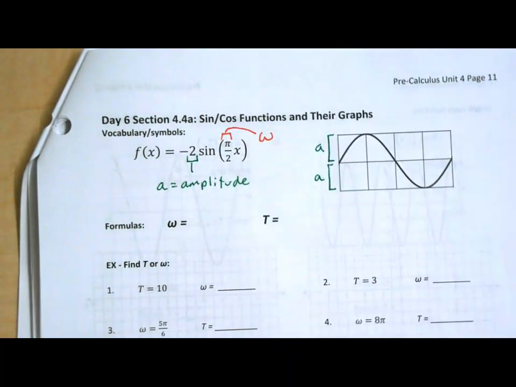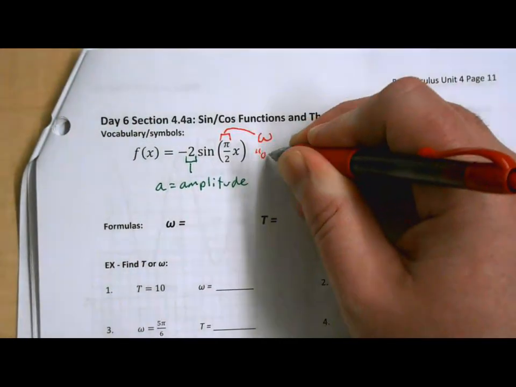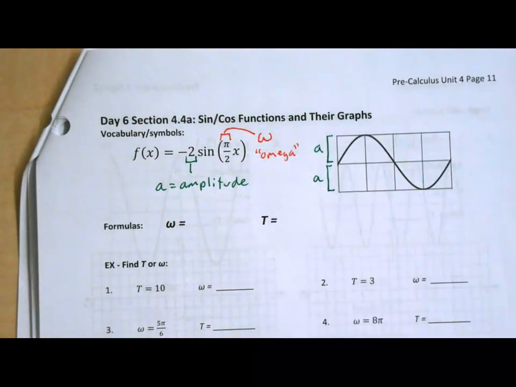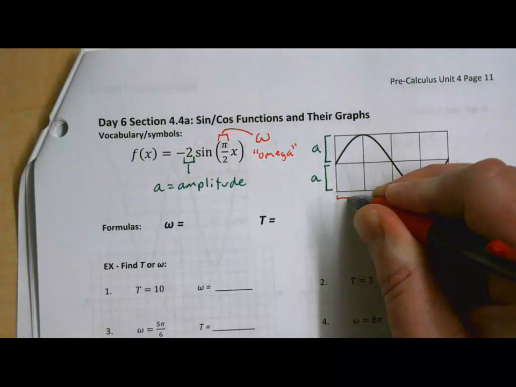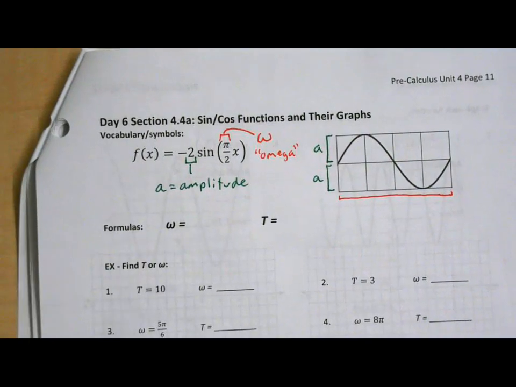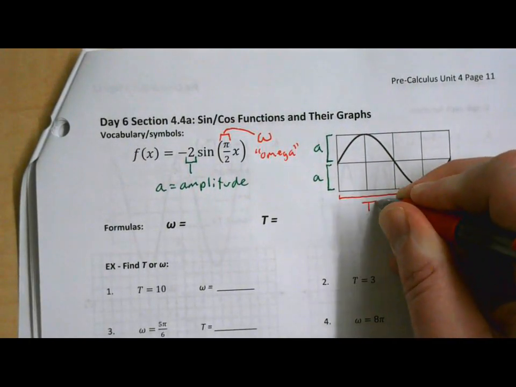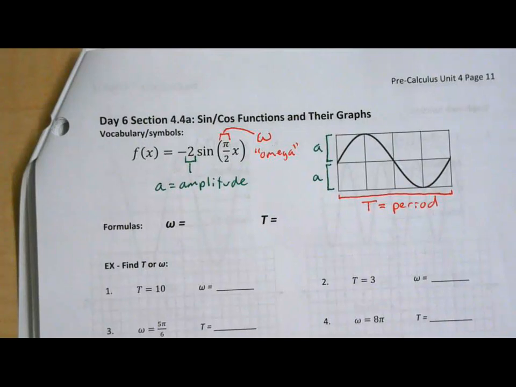It looks like a lowercase w, but it's a little bit more rounded, and it's not a w, it's the Greek letter omega. And omega is related to the period. The period of the function appears on the graph right here. It's the horizontal length of it. We denote that with a capital T.